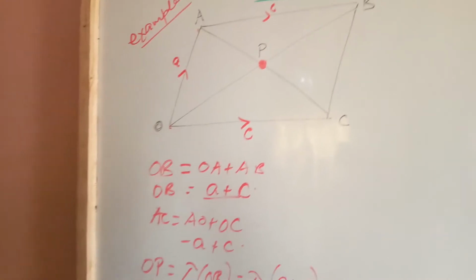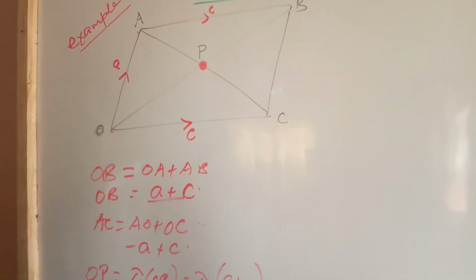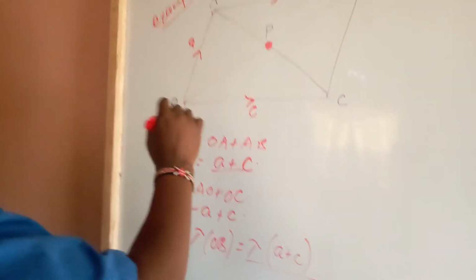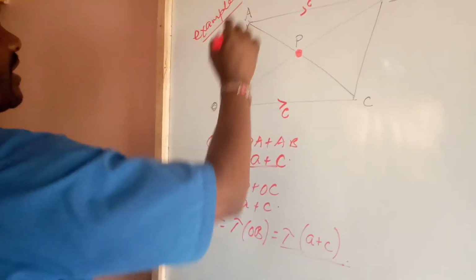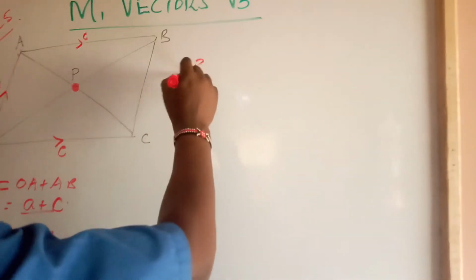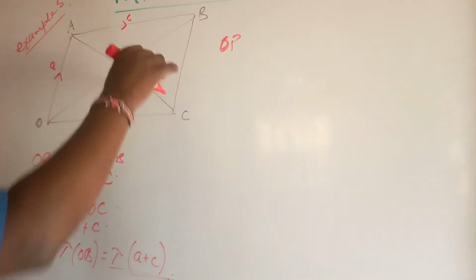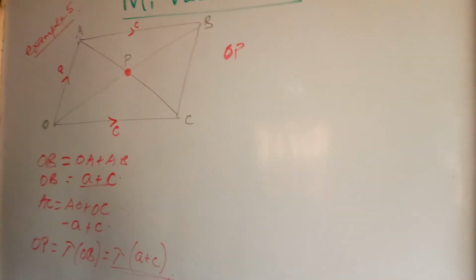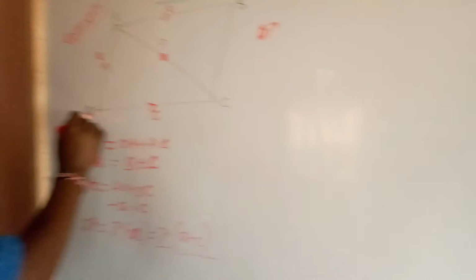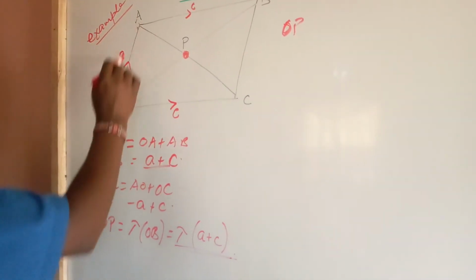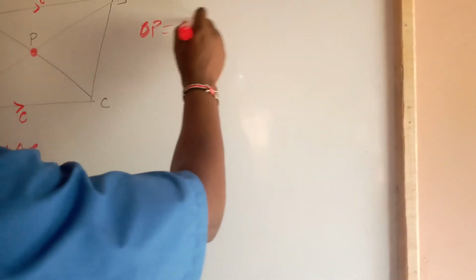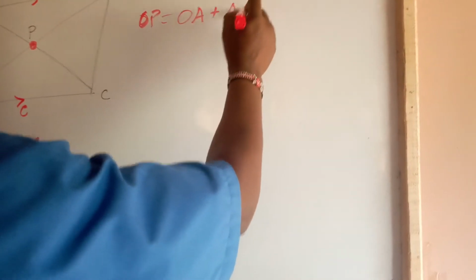But again, we can also follow a different route from O to P, and that could be OA plus AP. OP is also on line AC, so we have to design another route that uses AC. That route is OP equals OA plus AP.